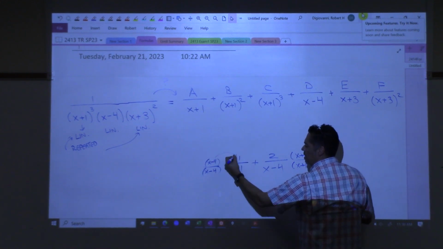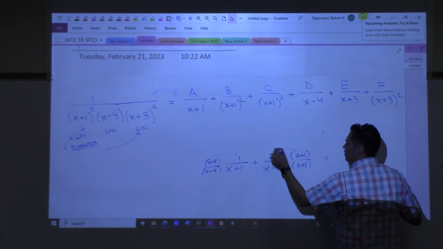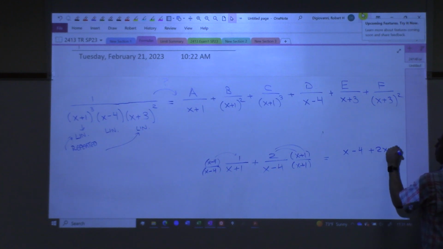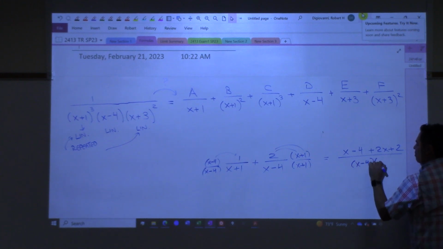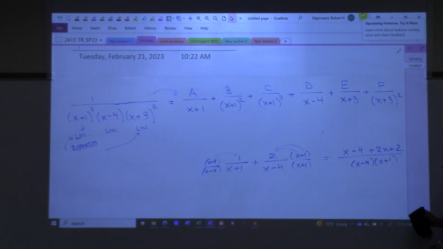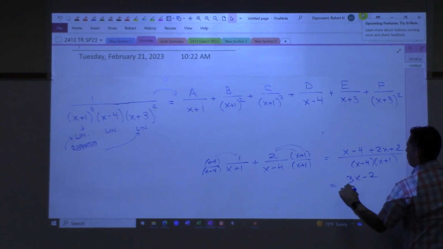Up here, when you multiply, you get x minus 4. Then plus, now you multiply this times this, you get 2x plus 2. And that's all going to be over your common denominator, which is x minus 4 times x plus 1. Now if I put this together, you get 3x minus 2 over the two linear factors.